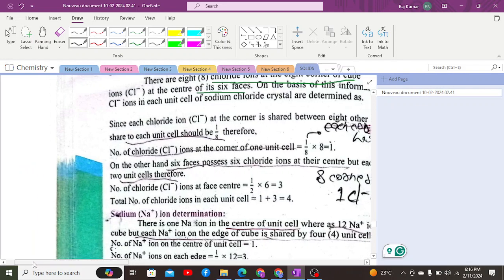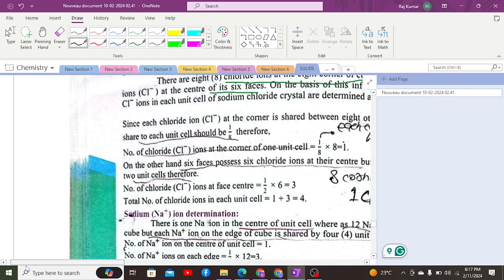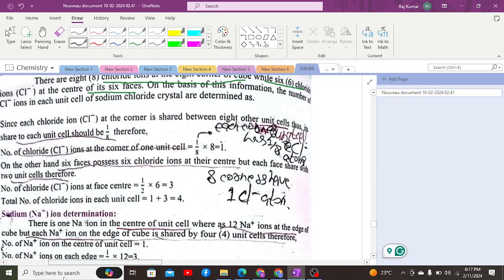And when it comes to body centered cubic, there will be an atom at the center of the body, which means at the center of symmetry there will be one atom, right?